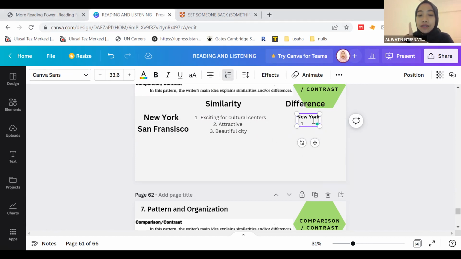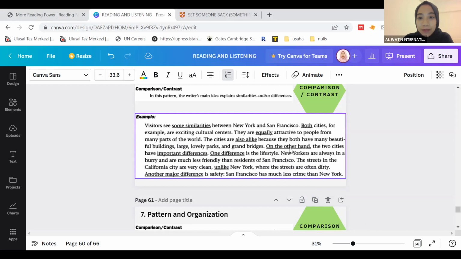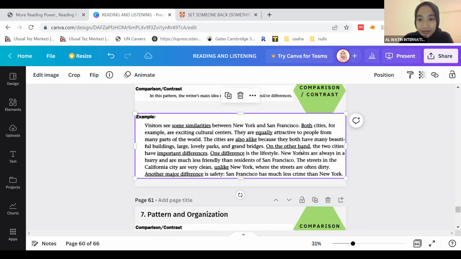So for the difference, let's read again. From the sentence, on the other hand, this phrase we use to explain something contradictory, something different. On the other hand, the two cities have important differences. One difference is lifestyle.